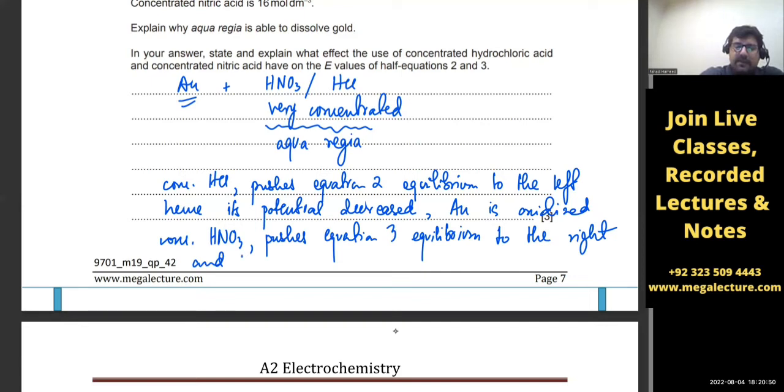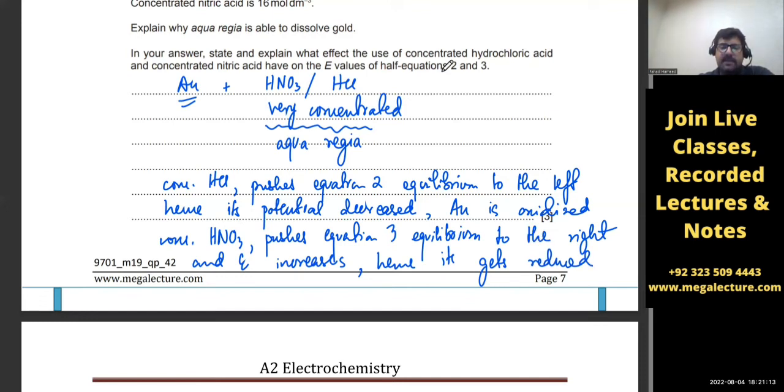The E value increases. Not E naught, sorry, this is non-standard condition, so don't use naught. I'll just use E. Hence, it gets reduced. Because that's your 3-mark answer to this.